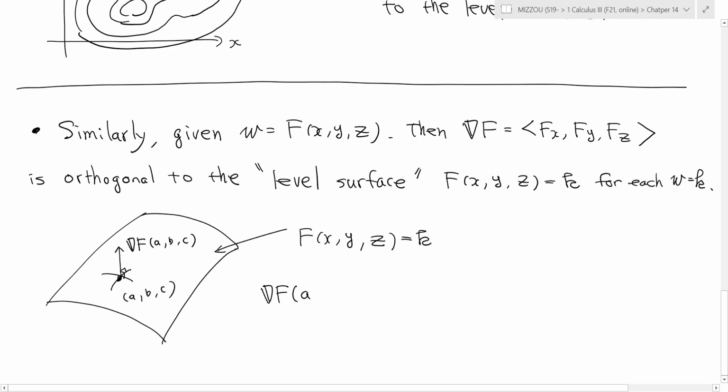So therefore, here is the gradient of f evaluated at a, b, c, which is the vector where the x component is the partial with respect to x, but you plug in a, b, c, and so on for the other components.